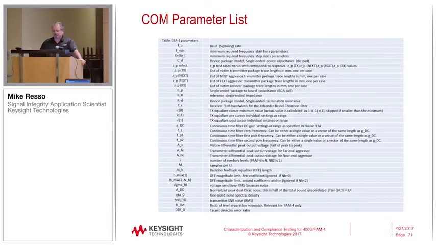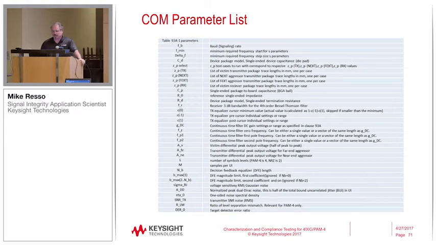This is just an eye test, but really what it is, it's a parameter list. These are all of the things that you need to input into the COM MATLAB script. And when you use that pre-configured spreadsheet I mentioned, it automatically drops in standardized values for each of these. But you can just go through and read. These are all things that have to do with the complete channel, both the active and passive components.